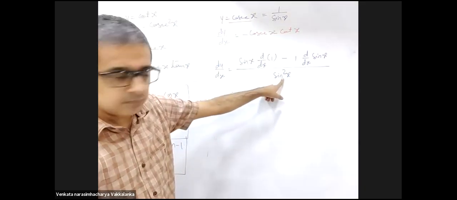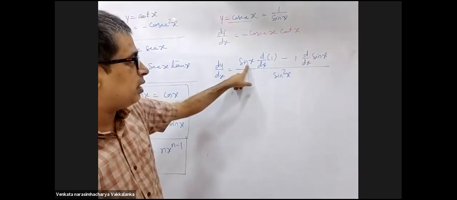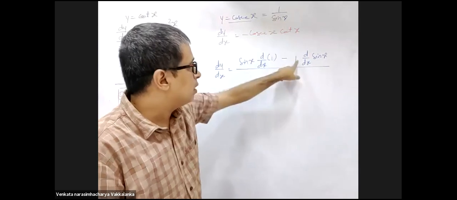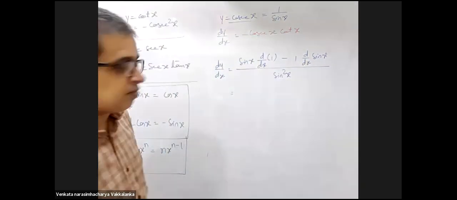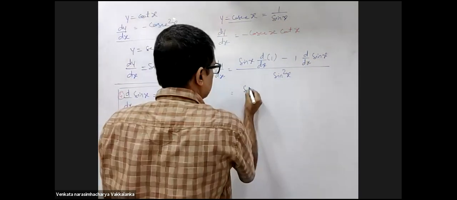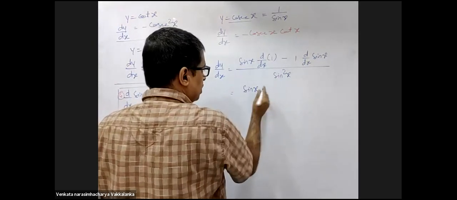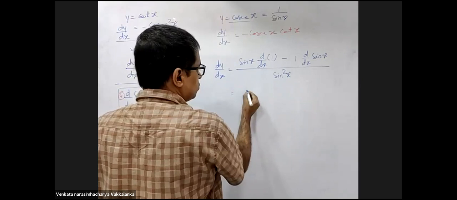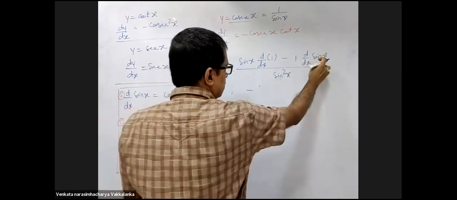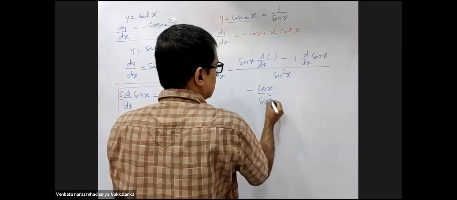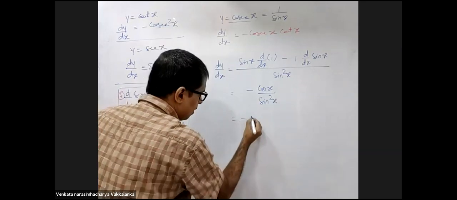Denominator square, yes. Keep the denominator as it is, differentiate the numerator. Minus, keep the numerator as it is, differentiate the denominator. Differentiation of a constant is 0, so eliminate this. Minus, differentiation of sin x is cos x, over sin square x.